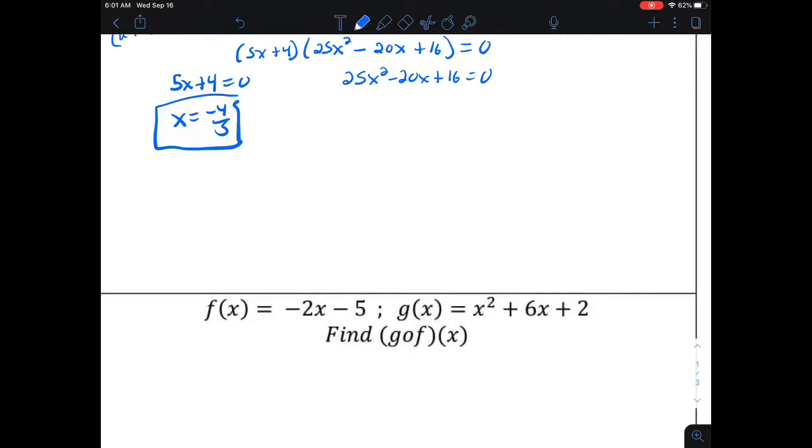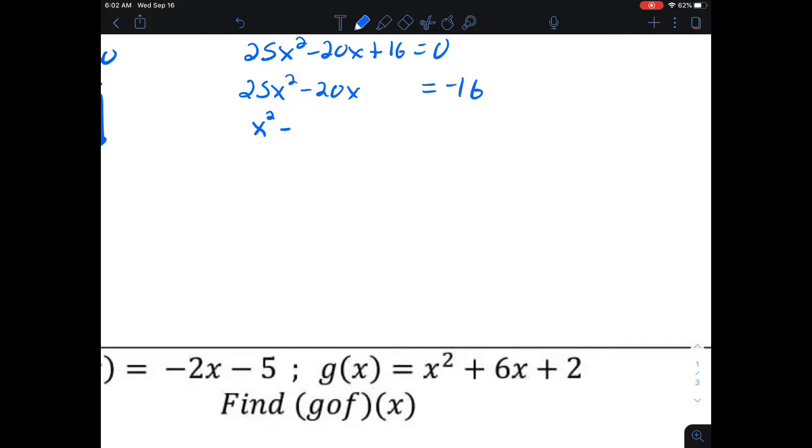So we're going to have to go through the process of completing the square. Divide everything by 25. Pre-make my next line.